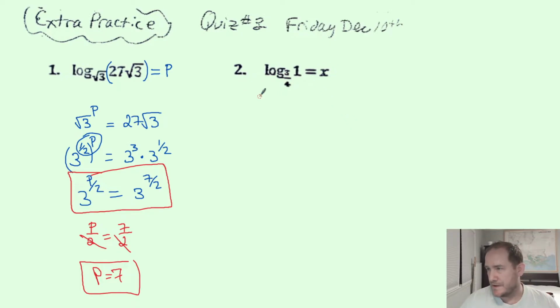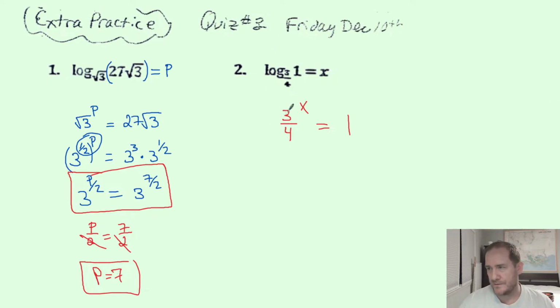For the next one, what are we doing here? I'll convert: 3/4 to the x equals 1. This one seems weird because you basically just have to have this memorized.